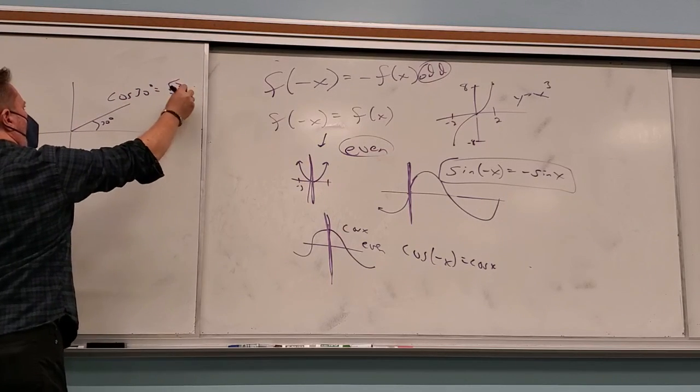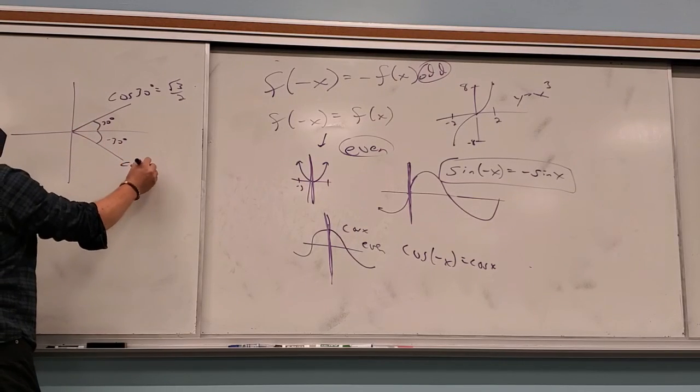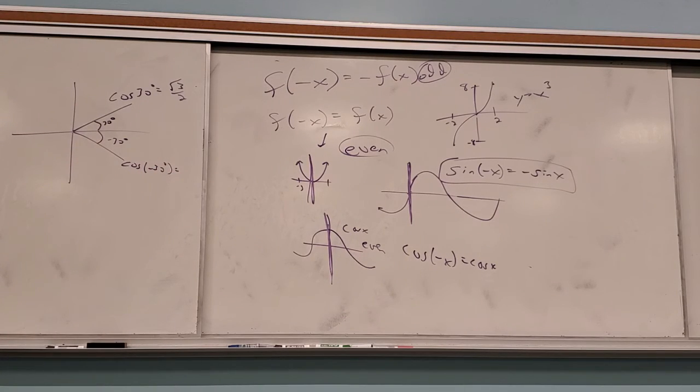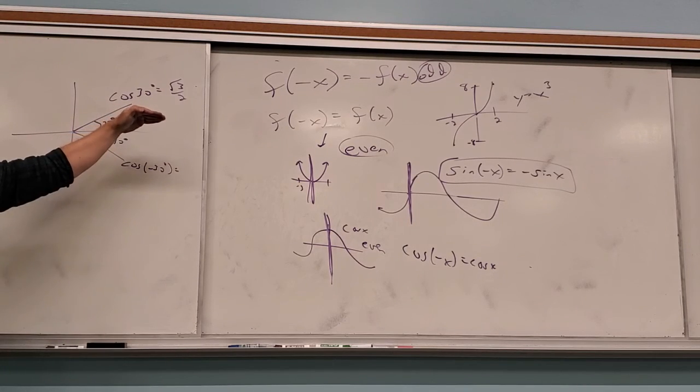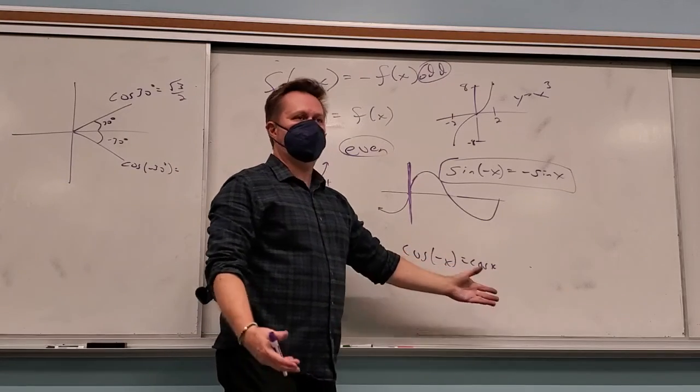Root 3 over 2. What's the cosine of negative 30 degrees? Why isn't it negative? Because cosine likes x, and x is still positive there, correct? So that tells me cosine of negative x is the same as cosine of x.